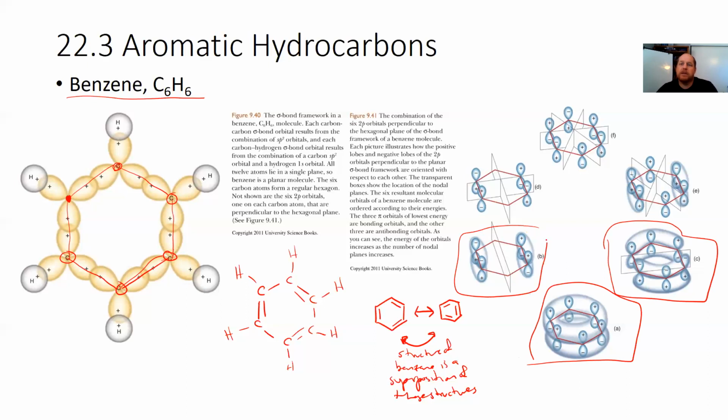These are coming from some simulations that we don't need to dive into here. You'll talk a little bit more about it in an organic chemistry class. The next most stable have 2 nodes, and these are where we start to consider them anti-bonding orbitals. And then the highest energy is where you have nodes between every one of those p orbitals.